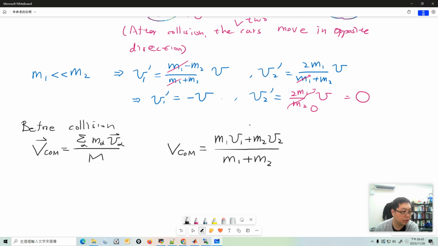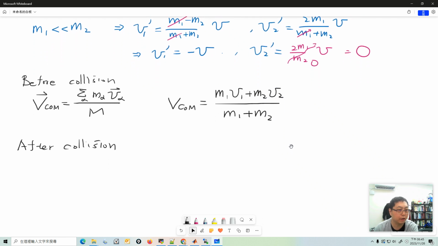What about after collision? Same formula, but we have v1 prime and v2 prime. So V_COM with prime, because after collision we use prime, is one over m1 plus m2, times m1 v1 prime plus m2 v2 prime.